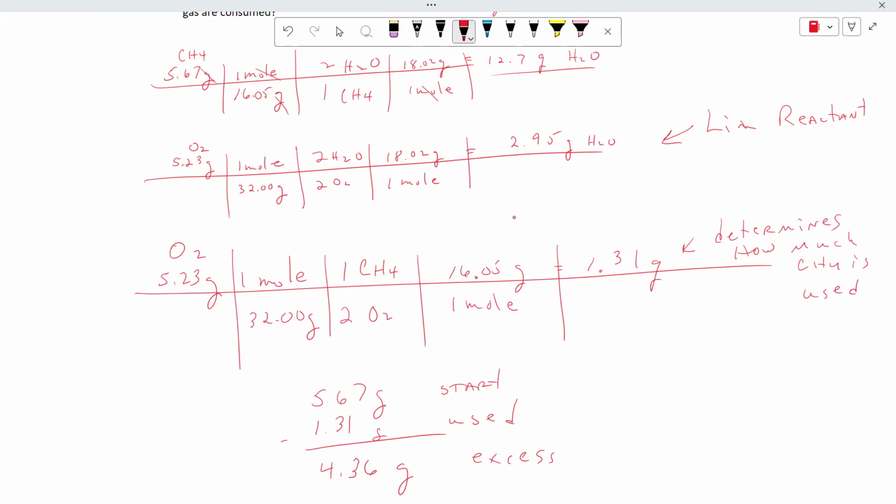So we have 4.36 grams of methane left over. Okay, so that's the limiting reactant problem.